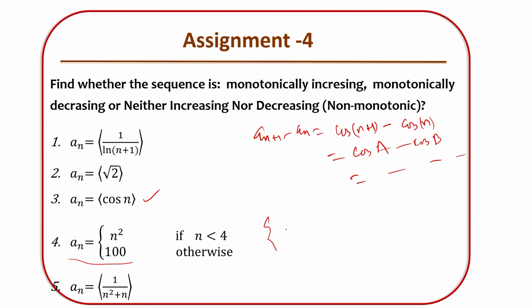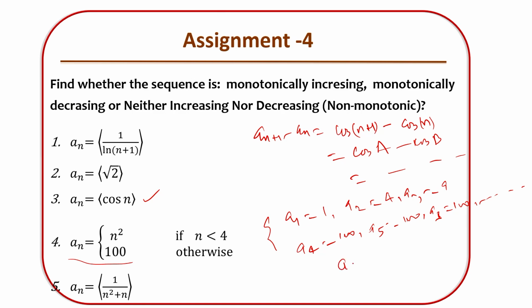So write this down. Firstly, I am going to write a1. a1 is equal to 1, a2 is equal to 4, a3 is equal to 9, and a4 is equal to 100, a5 is equal to 100, a6 is equal to, how much? a6 is equal to 100, and so on. Now you cannot reach any conclusion.